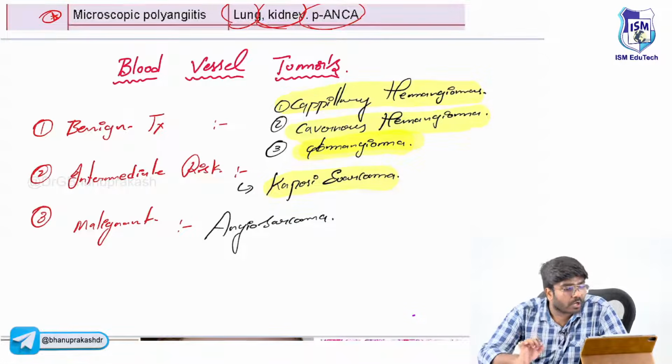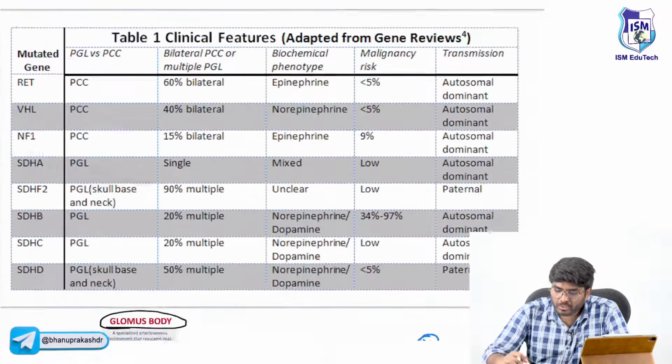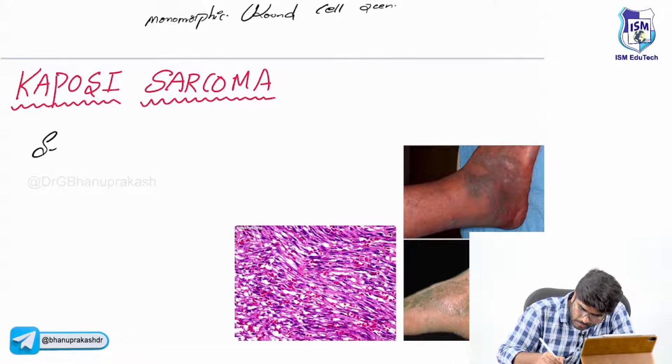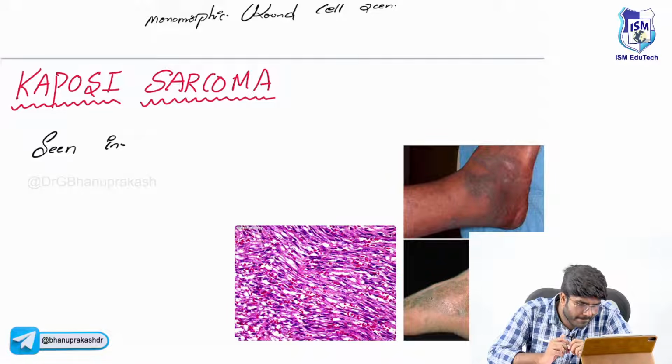Regarding Kaposi's sarcoma, what are the important points which you need to know? My question to you: Kaposi's sarcoma is seen in which people? Guys, do you have any idea? Excellent.